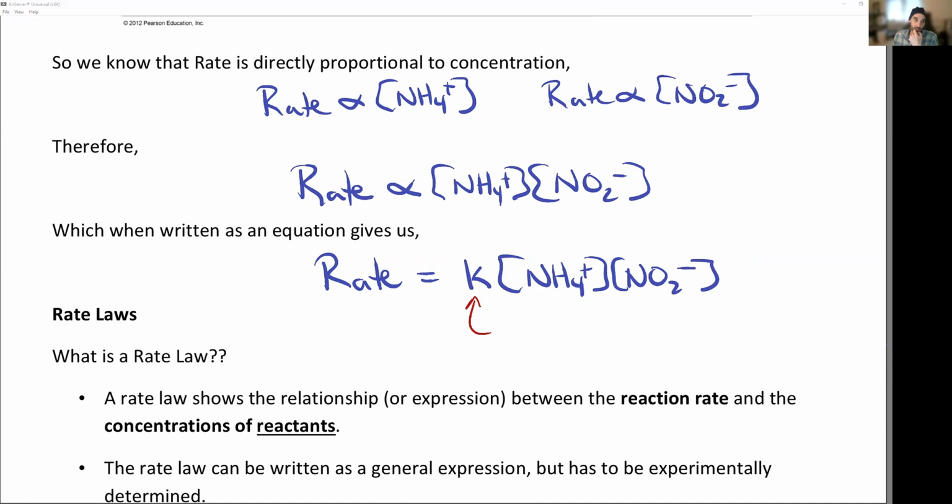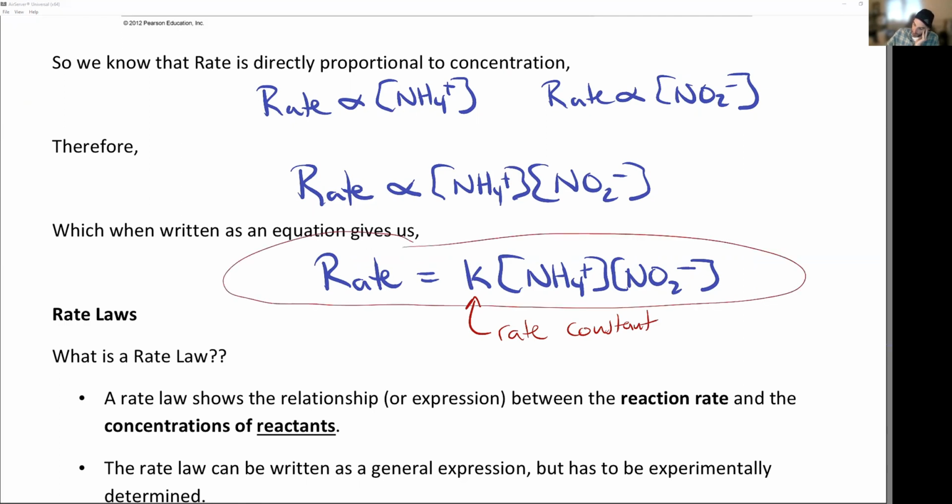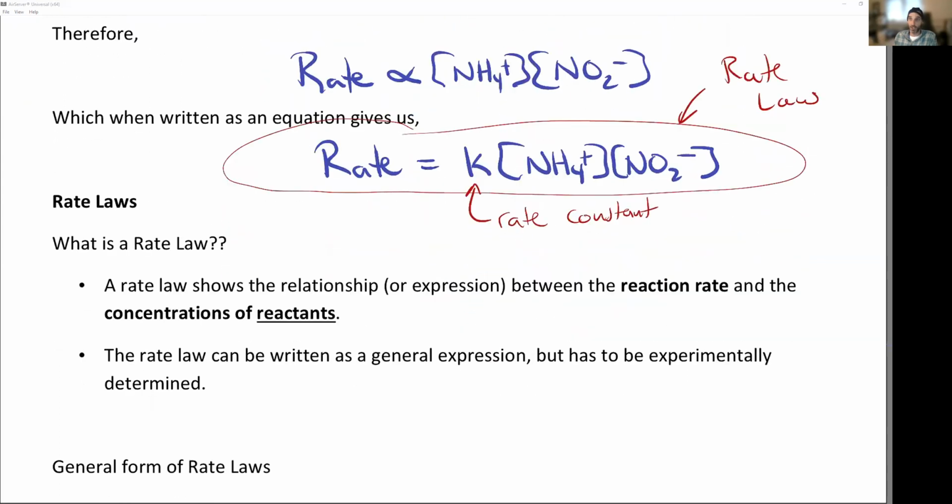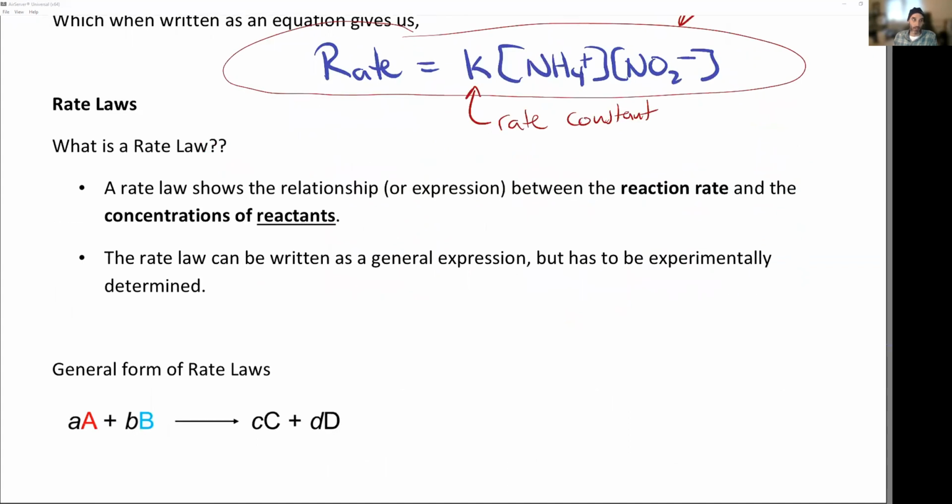So lowercase k is a rate constant. This whole thing together is what is known as a rate law. It is the thing that determines the rate at which this reaction goes based on experimental information. So what exactly is a rate law?